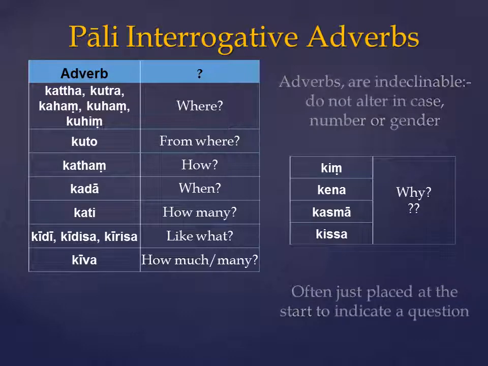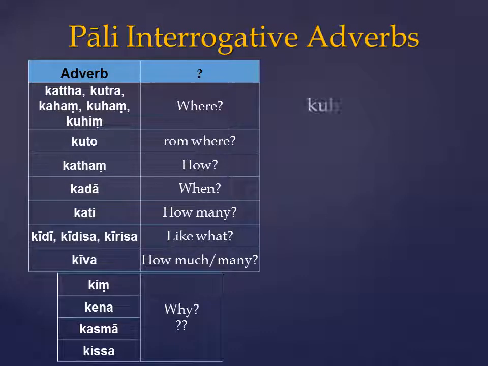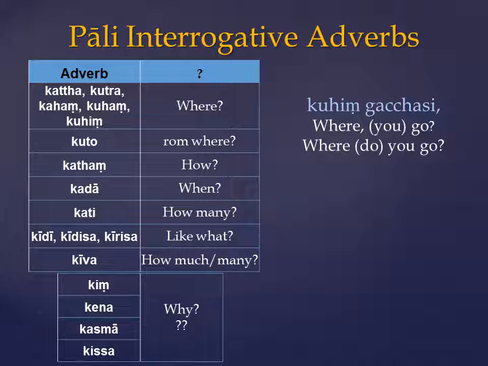Okay, so let's again go through some examples. Kuhing gachasi. The verb meaning to go is in second person, so we can render this, where do you go? Kuta agachati. Here the verb is in third person, meaning he comes.